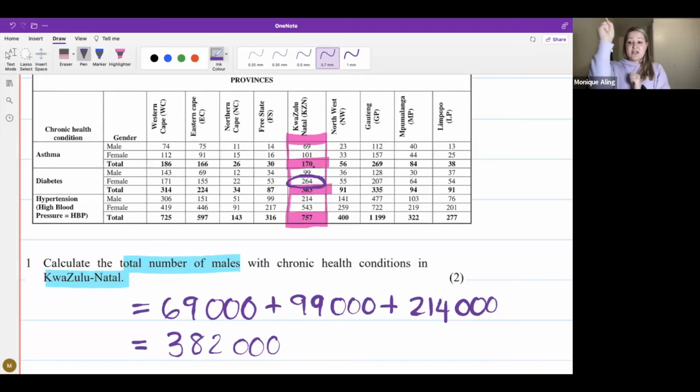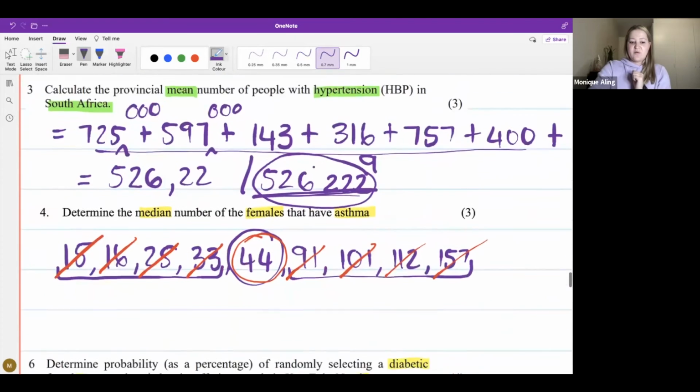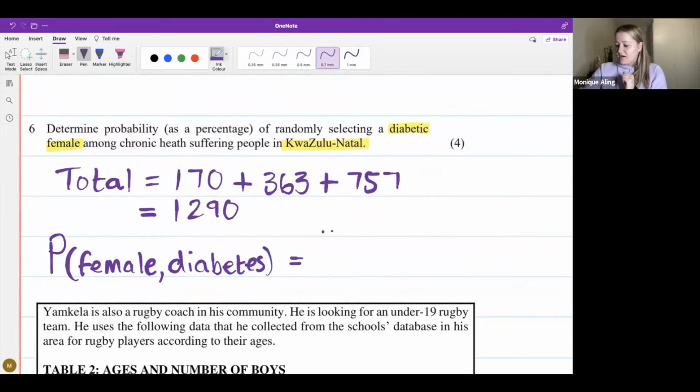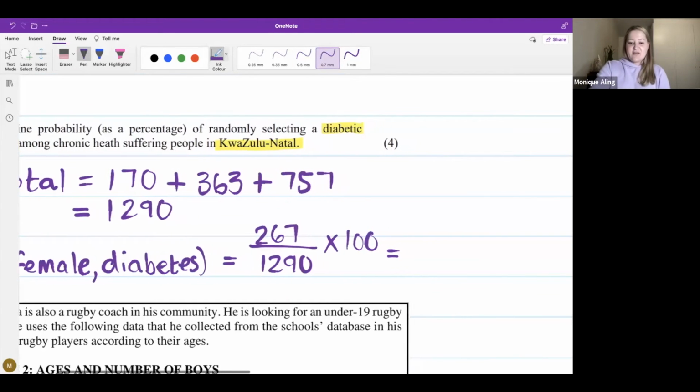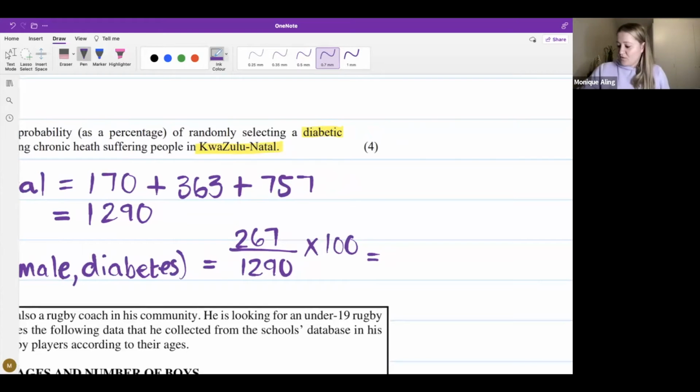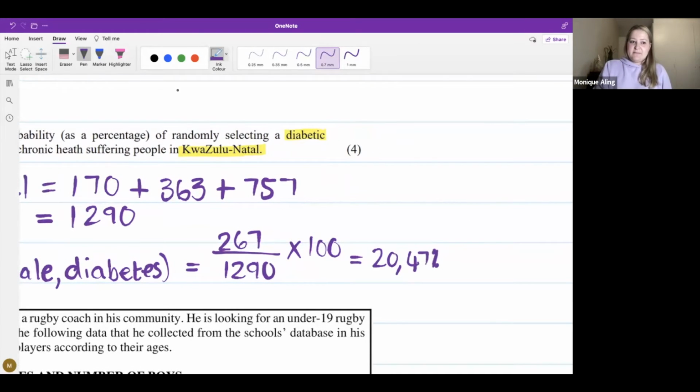We always take what we're looking for over our total. So what we're looking for is females with diabetes, the 264 over our total. That's how we always work out probability. And they asked us specifically to give it as a percentage. So we times by 100. And that is how you end up with the answer of 20.47%. Remember that percentages are always 2 decimal places.